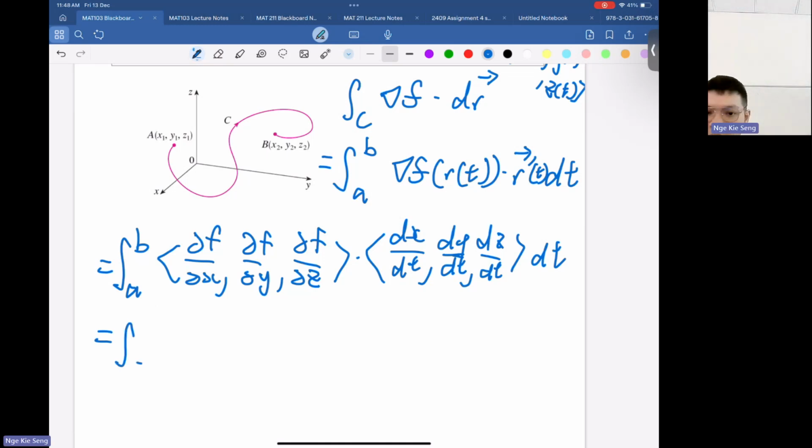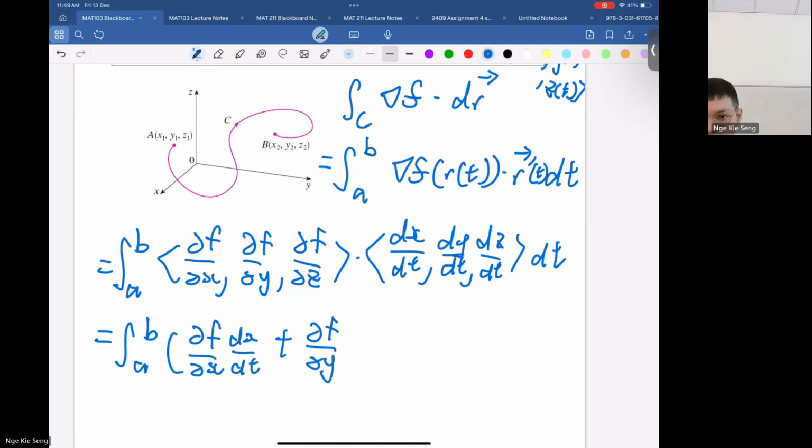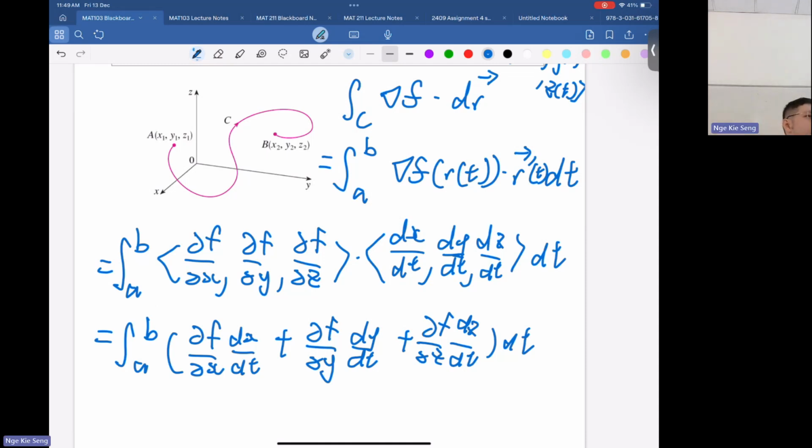Okay, so if you do this dot product, what do you get? Are you familiar with this thing? It feels like you have seen something like this. It's a bit like something near the tangent plane, right? Okay, but what is this?